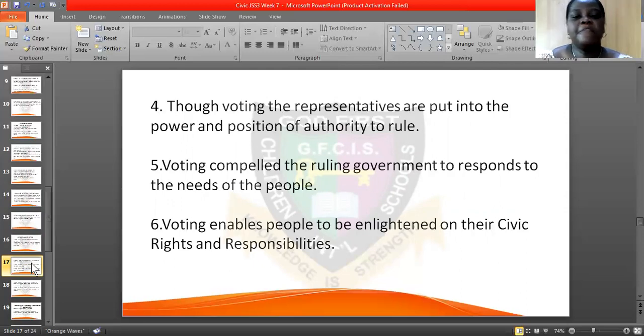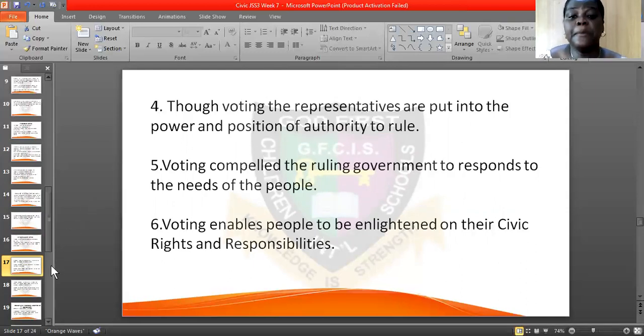As well, voting forces those who don't want to deliver to deliver, because they know that they will eventually be voted out if they do not deliver as they should.